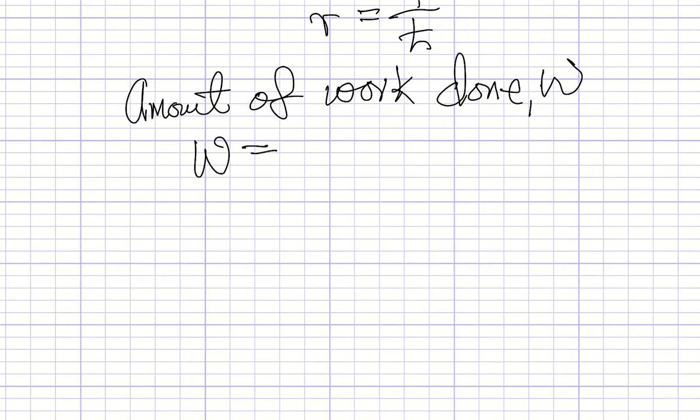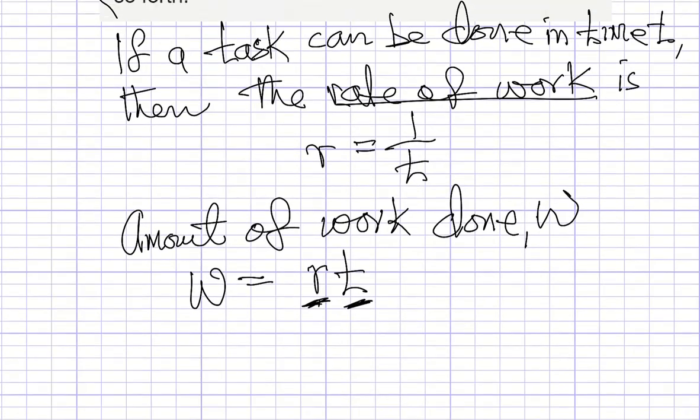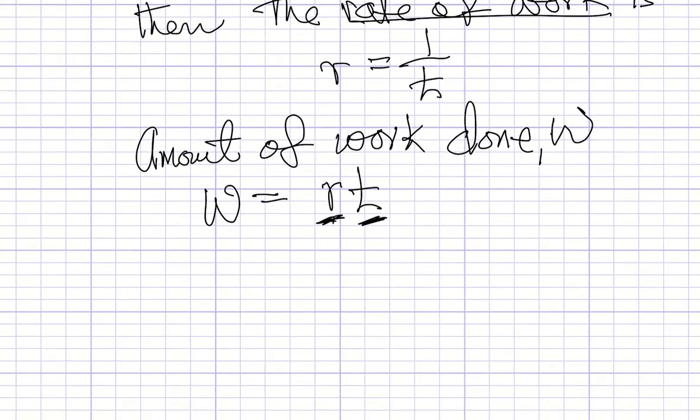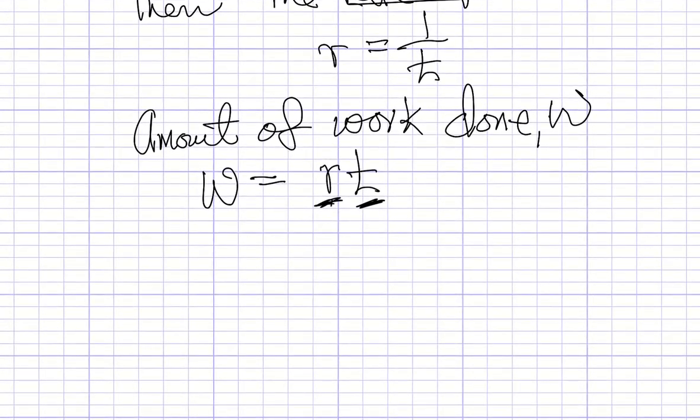W is equal to rate times time. That's the rate you're doing the work and the time it takes you to finish the work, okay? So that's where it's similar to the thing we discussed in example number 2. So the amount of work you can do is equal to rate times time.